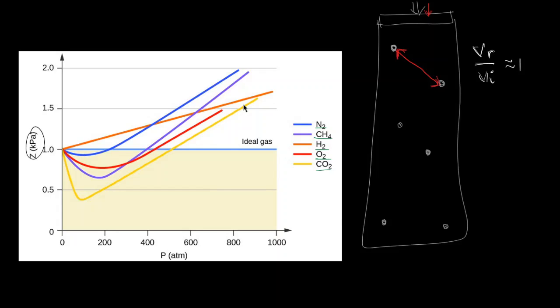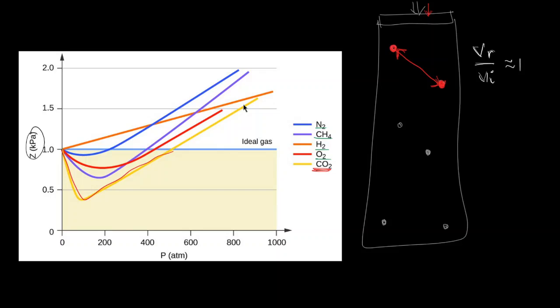Now, it's not true that attractions will come into play for every molecule, for every entity that you have, but let's say for carbon dioxide, two molecules of carbon dioxide start attracting each other in some ranges of pressure, and you can see in what ranges of pressure that happens.